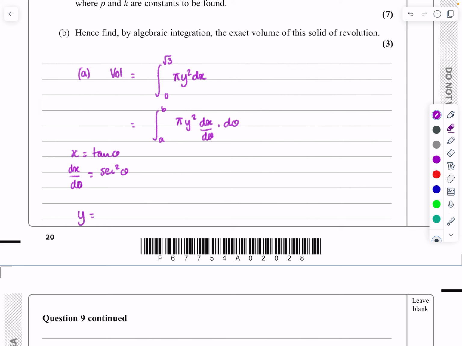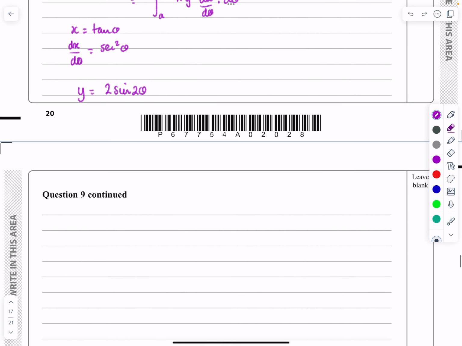Y is equal to 2 sine 2 theta, and here's another identity. I'm not going to leave that as sine 2 theta. There's no 2 thetas in my answer. So y is equal to 2 sine 2 theta, and there's only one possibility for sine 2 theta: sine 2 theta is 2 sine theta cos theta.